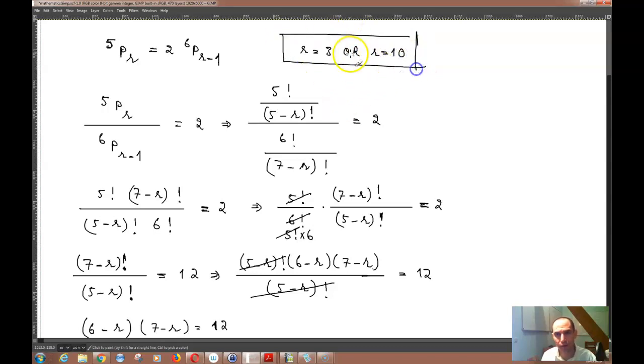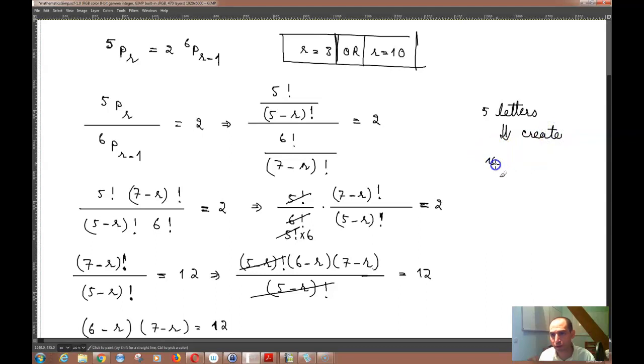Now over here, if r is equal to 10, then 5 permutation 10 doesn't make any sense, because suppose that, for example, you have 5 letters, and out of these 5 letters you want to create 10 letter words.